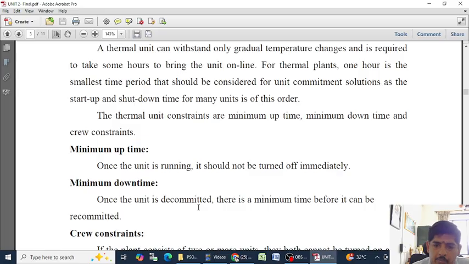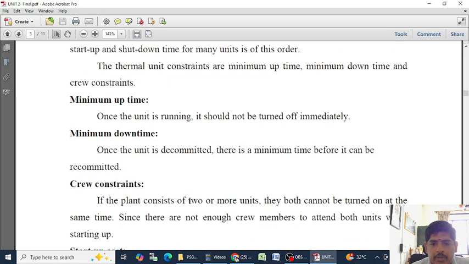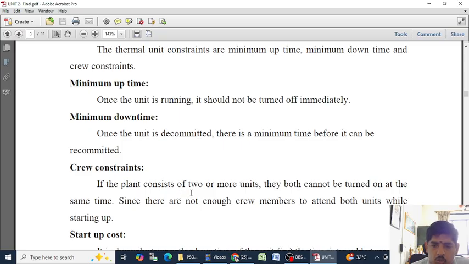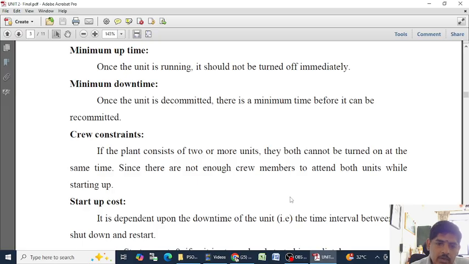That comes under the minimum downtime. Crew constraint means if the plant consists of two or more units, they both cannot be turned on at the same time and turned off at the same time, since there are not enough crew members to attend both units while starting up. That is called crew constraints.